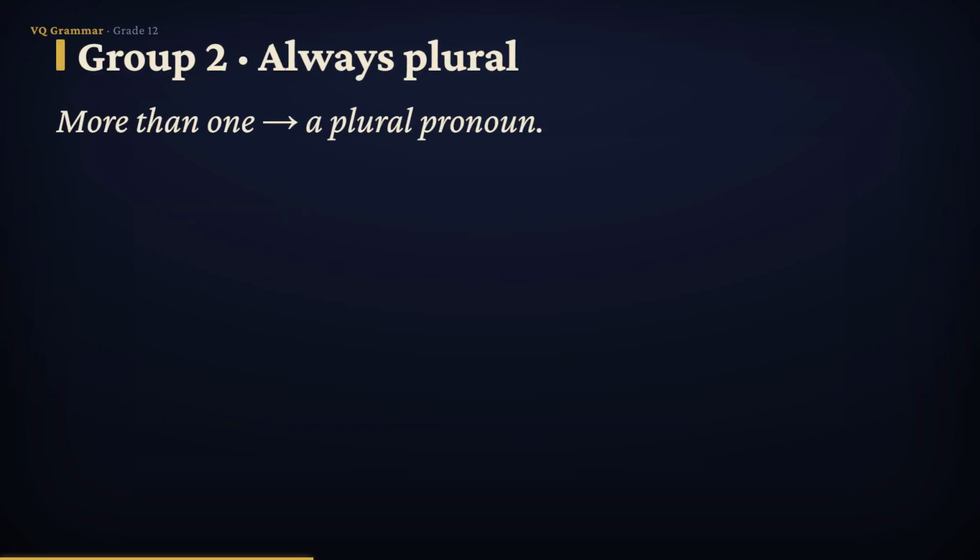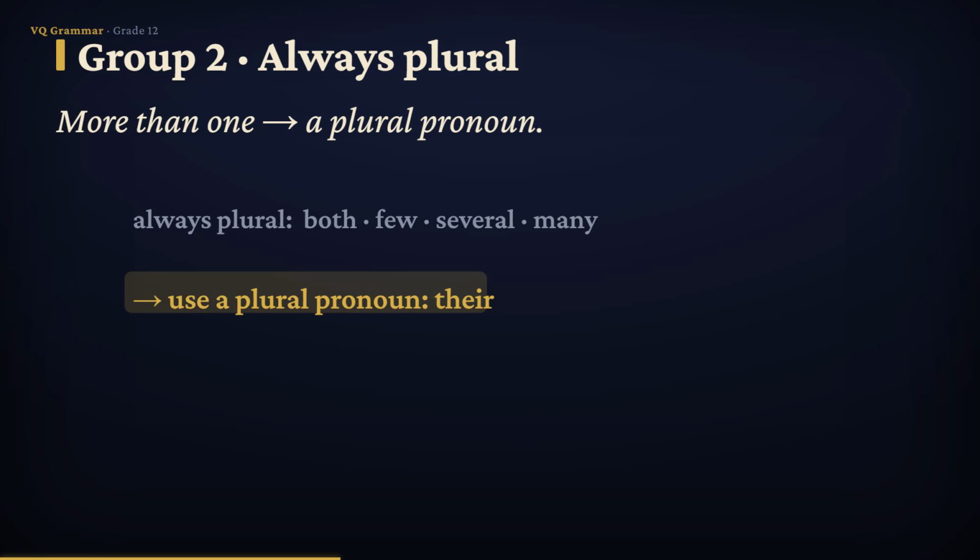That group was all singular. Here's the opposite: a small, tidy group of indefinite pronouns that are always plural. Both, few, several, and many. Each of these clearly points to more than one, so the pronoun that refers back to it is plural too. Both of the twins finished their projects.